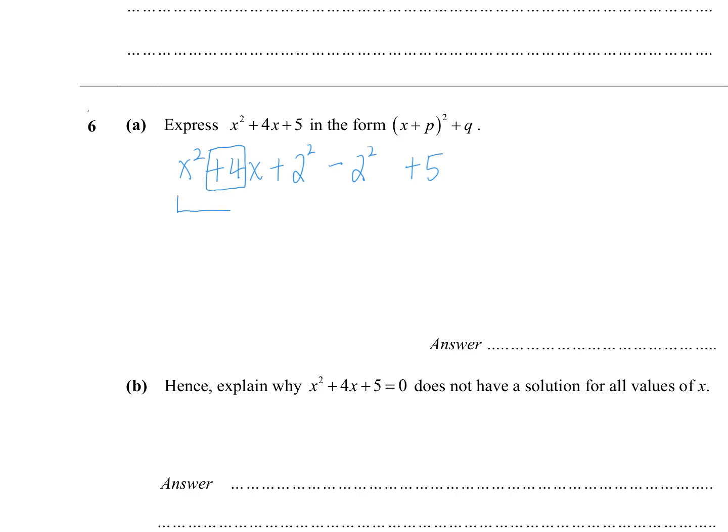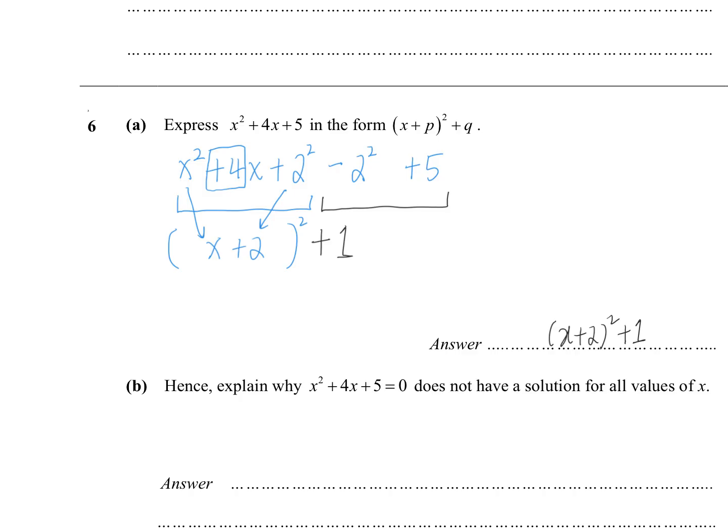So these 3 will end up being x plus 2 square. Whatever is remaining behind, you press the calculator, you will get a plus 1. So the completed square form is this. This is the answer I want to see.